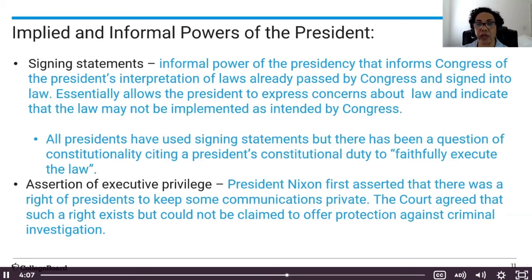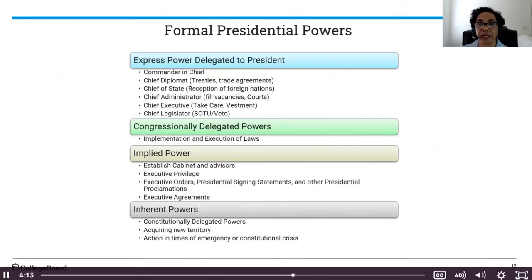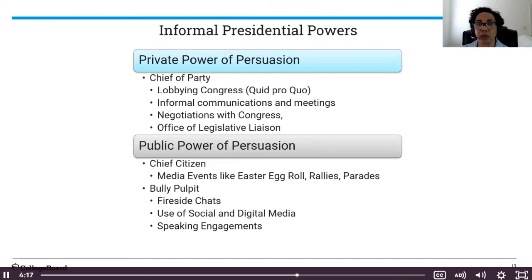This is just a visual here of the formal powers as they are expressed, delegated, implied, and then inherent in the presidency, and then also the informal powers of the president, chief of the party, negotiator with Congress, and then those things with the public, using social and digital media to connect with the public.